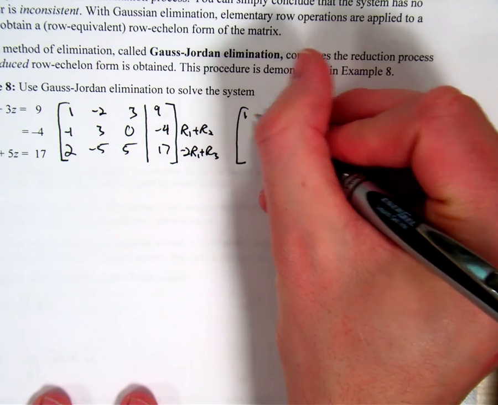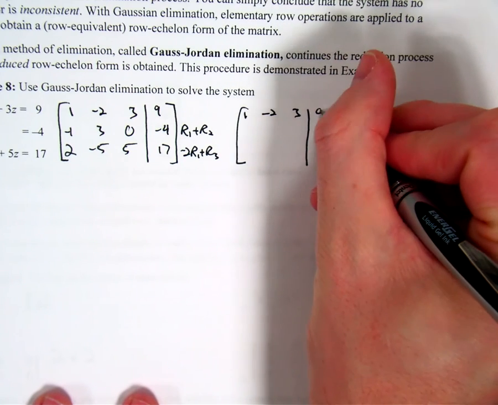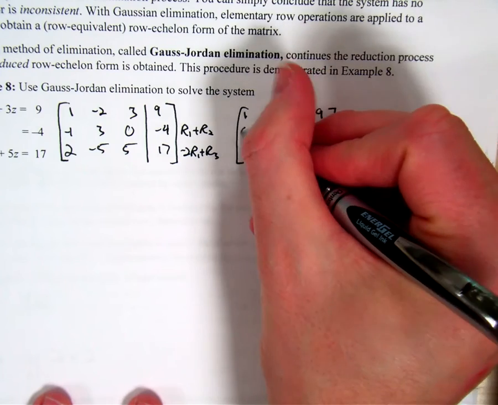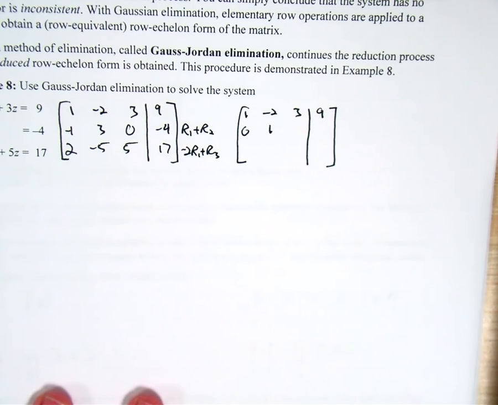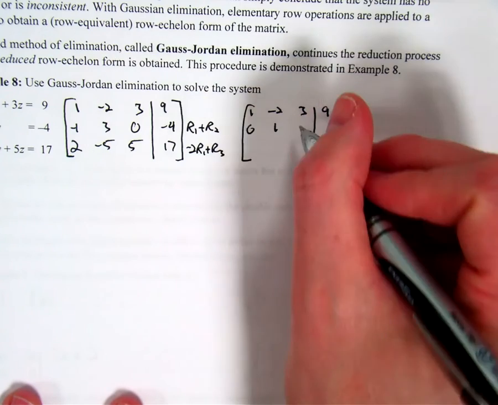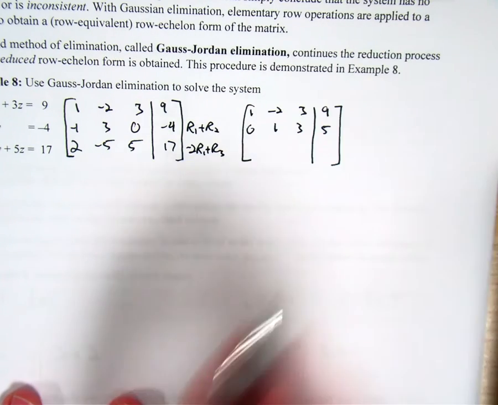So we got 1, negative 2, 3. That one doesn't change. Okay, now we're adding those two. So 1 and negative 1 is 0. Negative 2 and 3 is 1. That's a nice one. It gives us another 1 spot. 3 plus 0 is 3. 9 and negative 4 is 5.